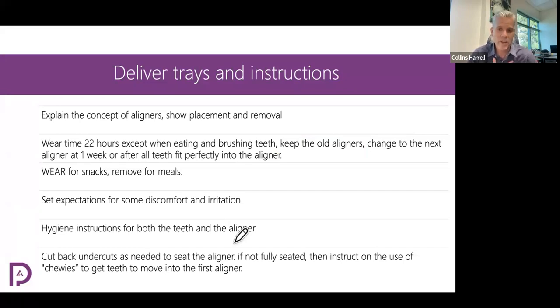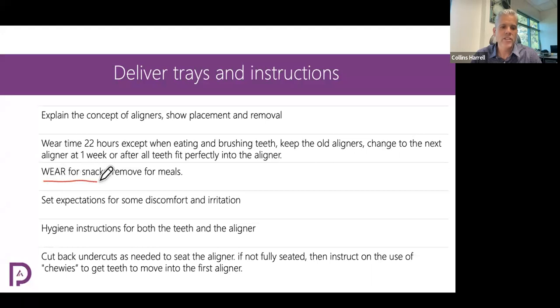When I have my patients come in, I want them to come in wearing the aligner that they think they're done with before I give them new ones, and bring the previous 2 or 3 sets with them, so that we can see them if we need to. I'm going to talk about when we change the aligners in another slide in just a minute, so I'll skip over that part right now.